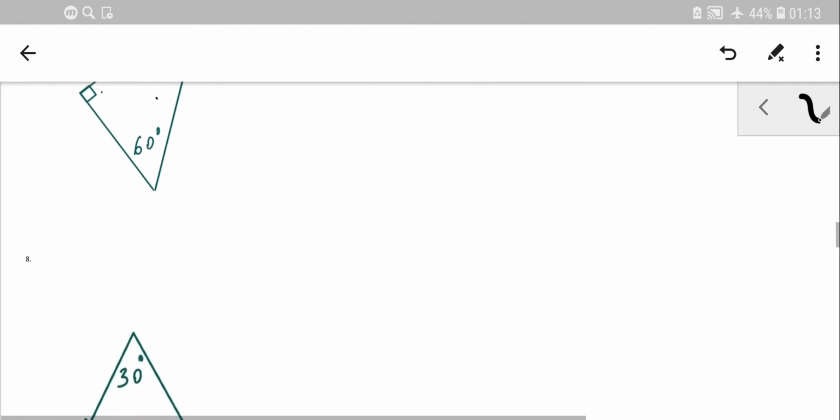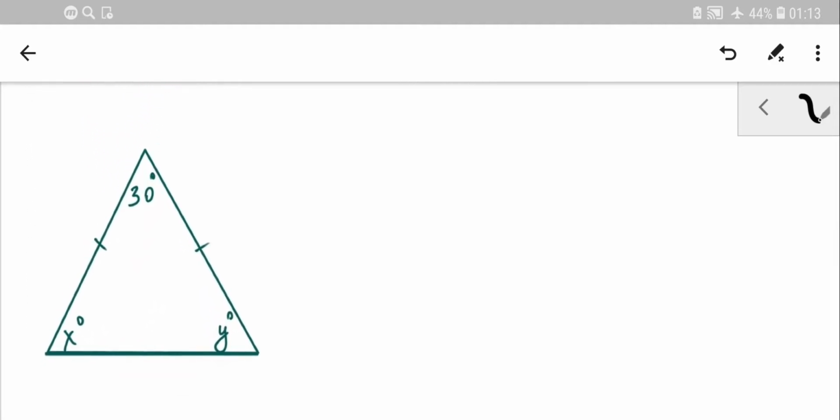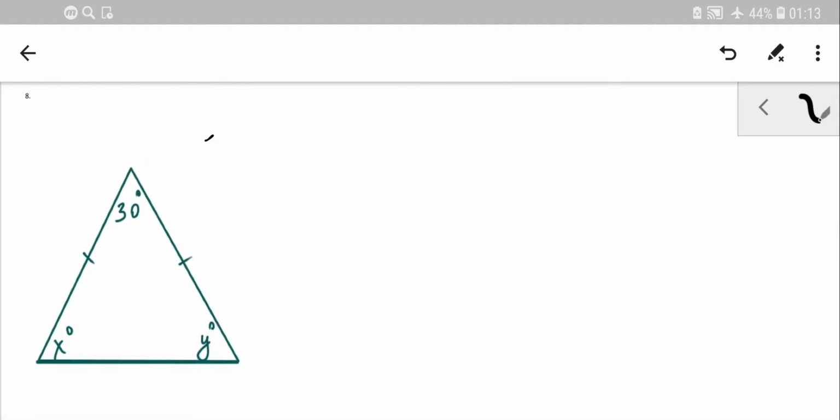Okay, next one, problem number 8. We have an isosceles triangle. So x should be equal to y because of the property: the two angles at the base should be the same.